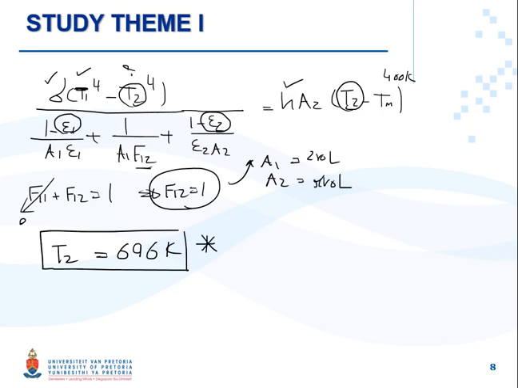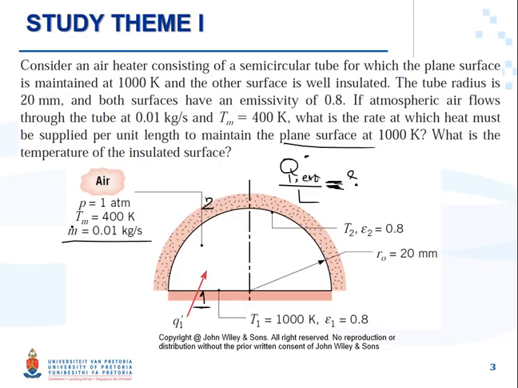We found the second part of the question, because if you remember, the question was asking what is the temperature of the insulated surface. Basically it was asking for T2. So if T1 is maintained at 1000 Kelvin, what would be the surface temperature of surface 2, which is well insulated?